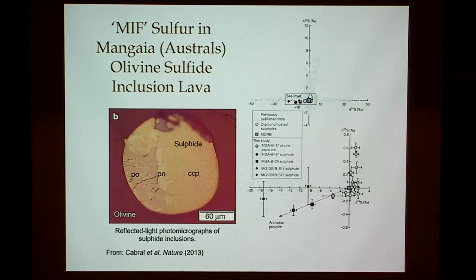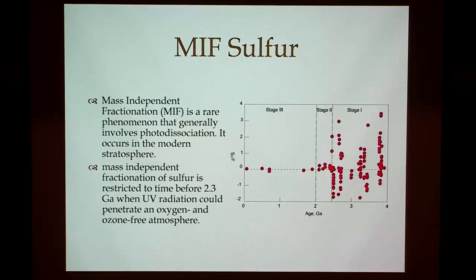And this is called mass-independent fractionation, when we don't get the same amount of fractionation of 2 different isotopes. And it's a very rare phenomenon. And generally, so far, every time we've been able to explain it, it seems to involve photodissociation. And it does in fact occur in the modern stratosphere.